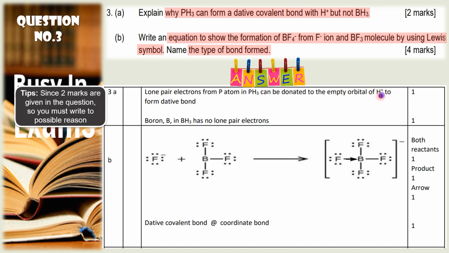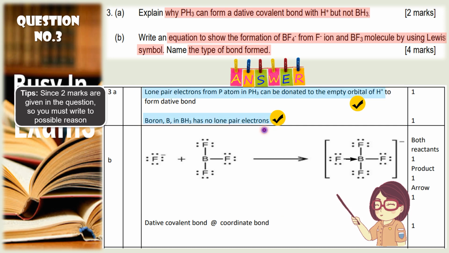So H+ ion has no electron, 0 electrons, to form the dative bond. And then why BH3 cannot form the dative bond? Because boron does not have any lone pairs. So this is 1 mark, 1 mark.